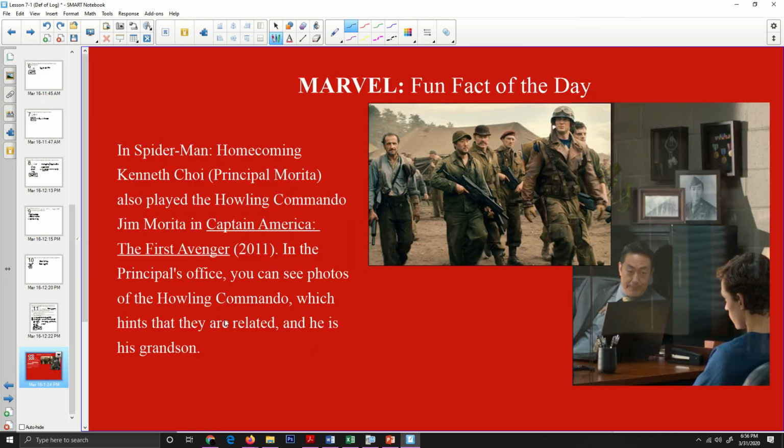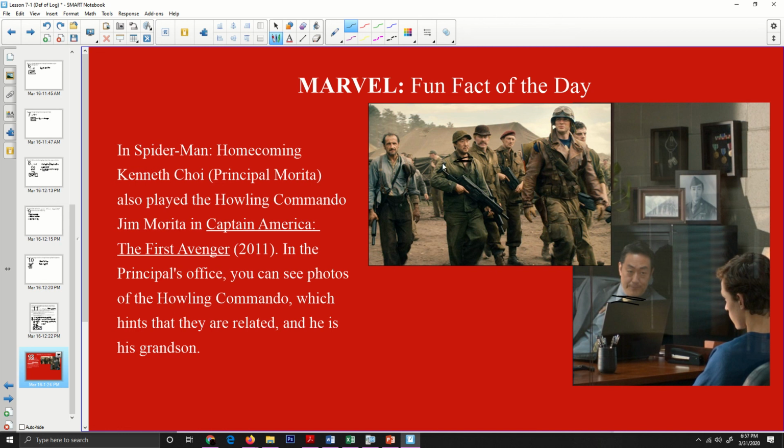So the Marvel fun fact of the day, in Spider-Man Homecoming, Kenneth Choi played Principal Morita. And here is Mr. Principal Morita in Spider-Man Homecoming. But he also played Howling Commando Jim Morita in Captain America First Avenger. And there he is.